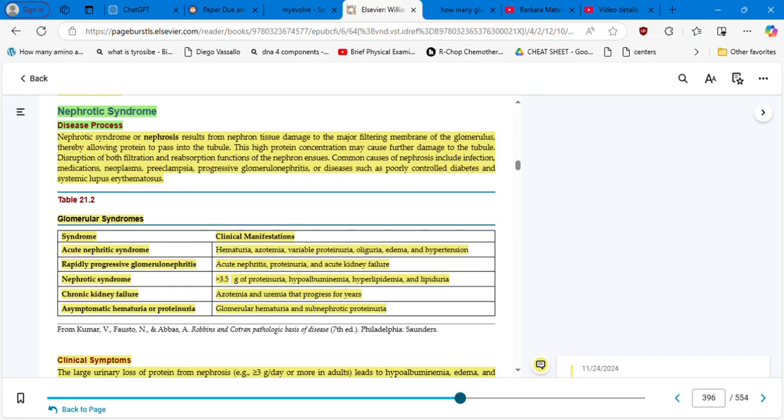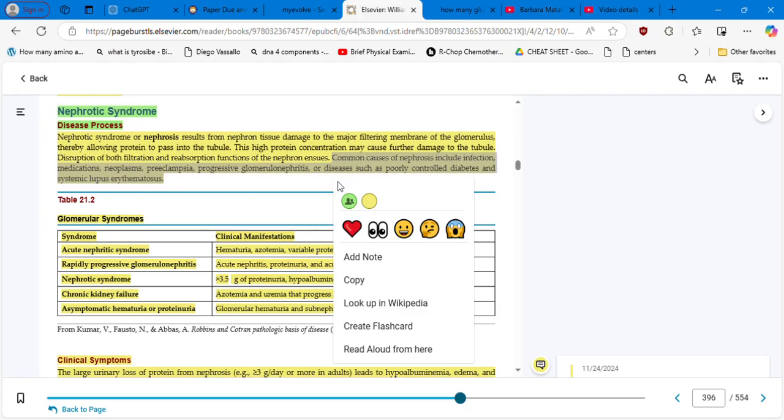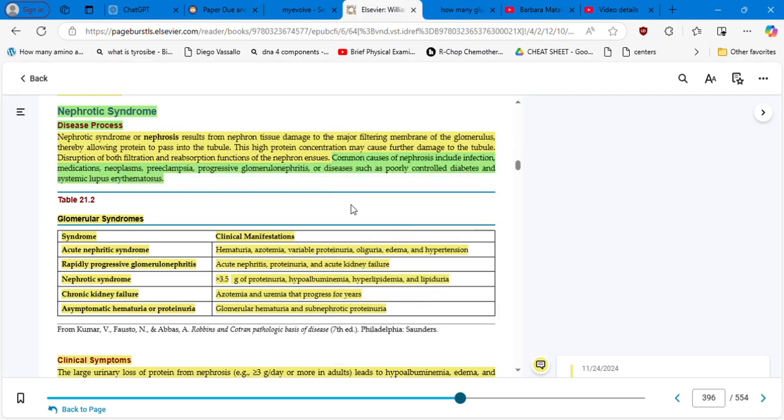Common causes of nephrosis include infection, medications, neoplasm, preeclampsia, progressive glomerulonephritis, or diseases such as poorly controlled diabetes and systemic lupus erythematosus. I want you to remember these conditions, because when you come to the 4th and 5th semester, we are going to speak about these.